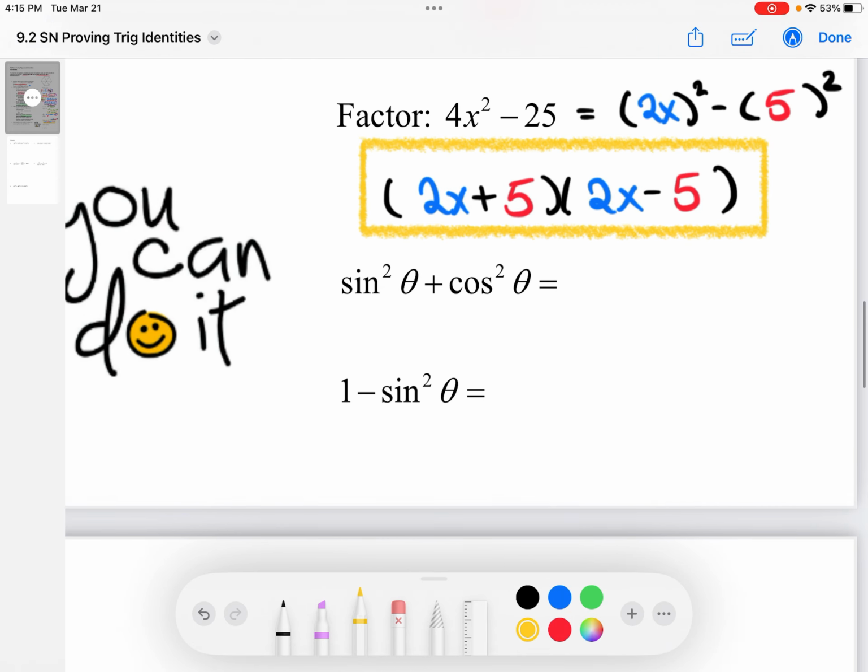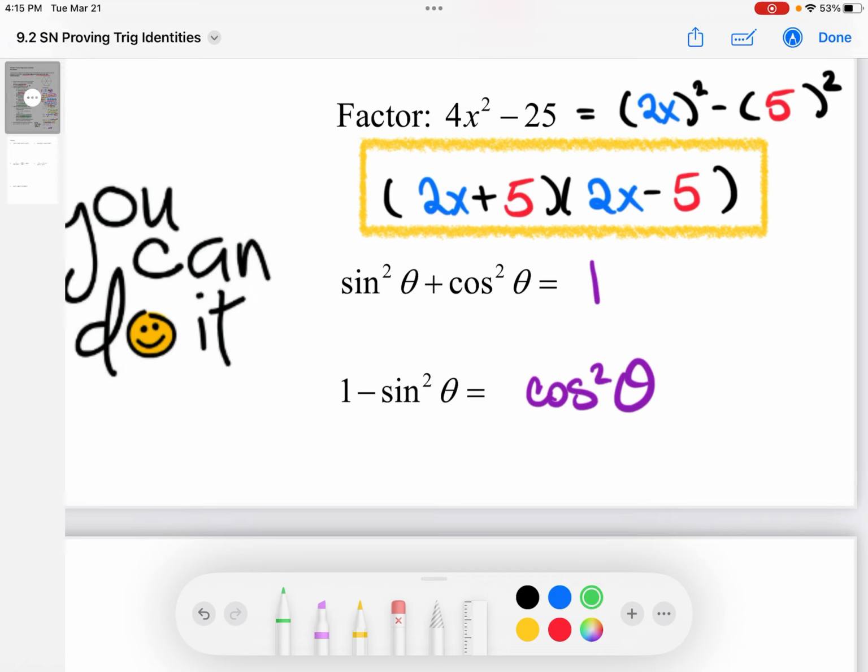Now, a couple reminders from our previous lesson. Remember that sine squared theta plus cosine squared theta is equal to 1. That is our basic Pythagorean identity. Okay, and then 1 minus sine squared theta is equal to cosine squared theta.